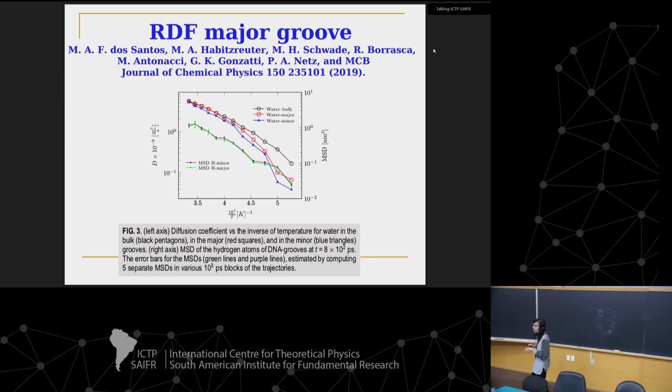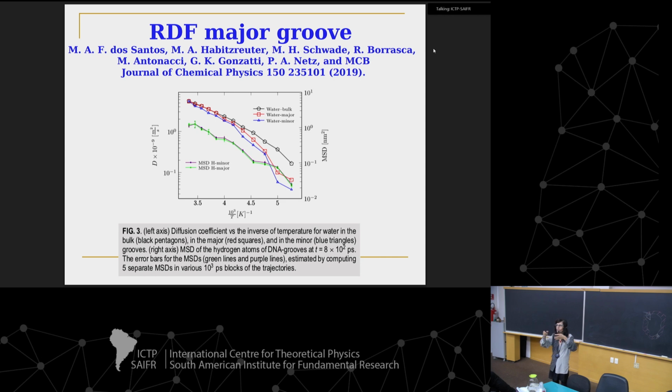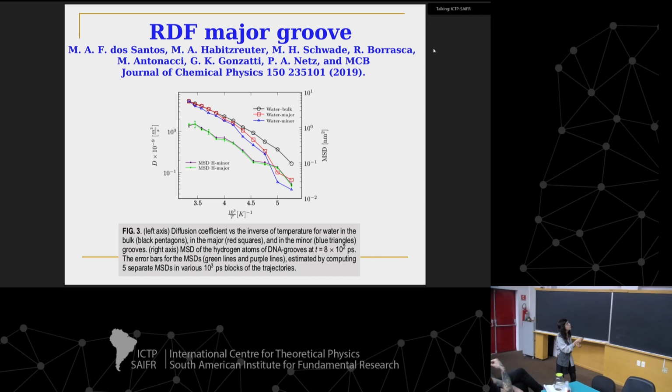That's why people looking for the second critical point, what they are attempting to do now is to confine water. Because if confinement allows me to go to lower temperatures without crystallization, then I will be able to measure the second critical point, in the same way that confinement allows me to go from a normal water behavior to a fragile to a strong behavior for water.